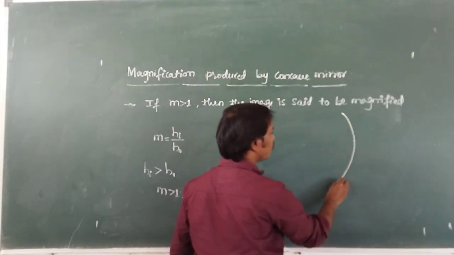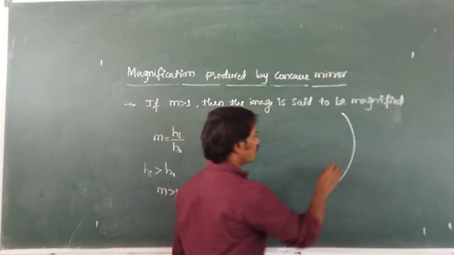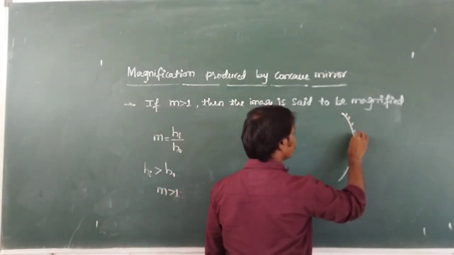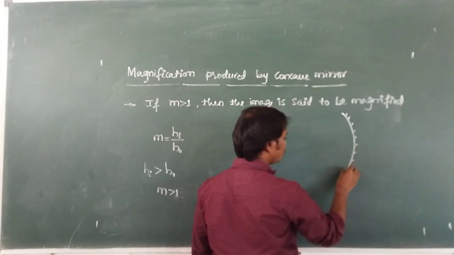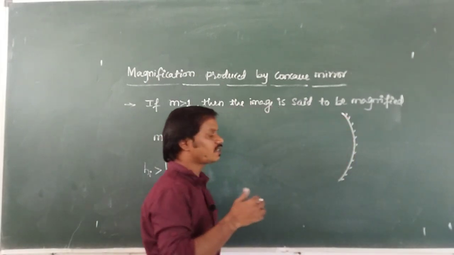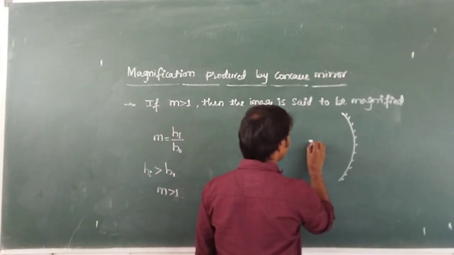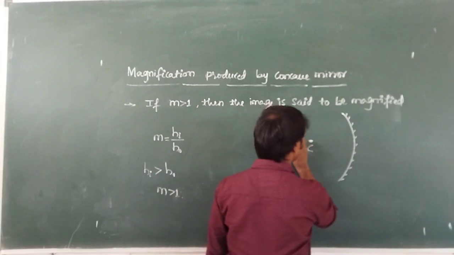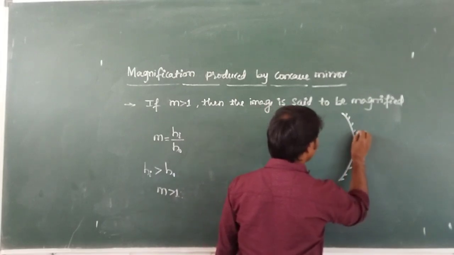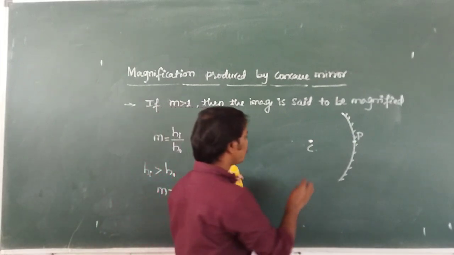Now we are going to discuss the magnification produced by which mirror, that is by concave mirror. This is the shaded surface and this is the unshaded surface. The unshaded surface is the reflecting surface. This is the center of curvature, and the line joining the center of curvature and pole of the spherical mirror is called the principal axis.